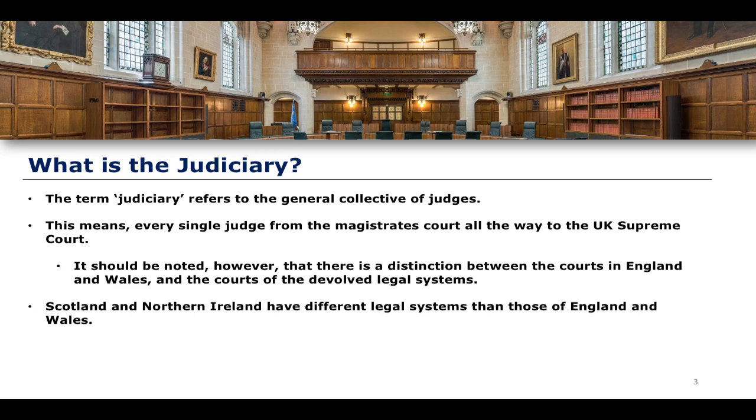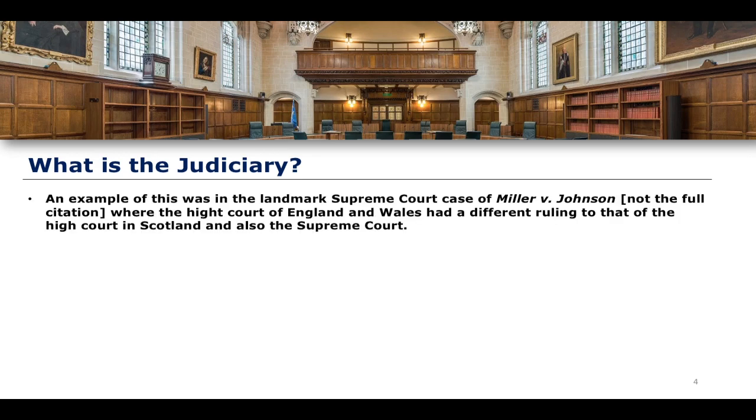Northern Ireland and Scotland have different legal systems to those of England and Wales. There is a really good example of where this has been illustrated. Take the landmark Supreme Court case of Cherry versus Boris Johnson, or the second Miller case. That's not the full citation that I've listed here. But fundamentally, in this case, the High Court of England and Wales had a different ruling to that of the High Court in Scotland, and the High Court in England and Wales disagreed with also the Supreme Court of the United Kingdom.